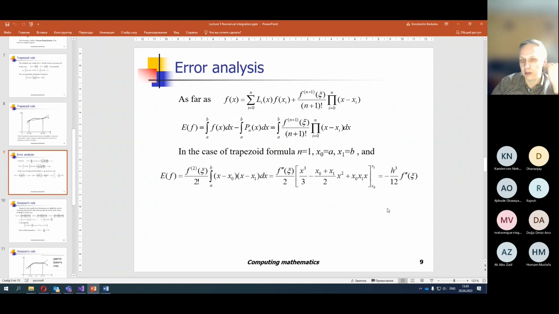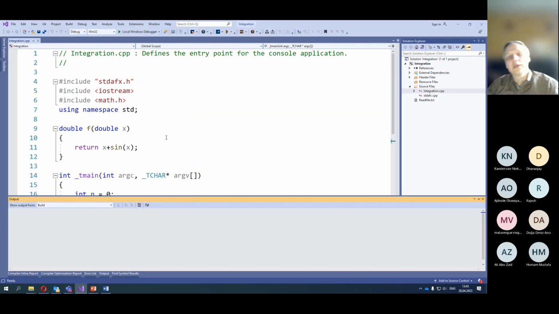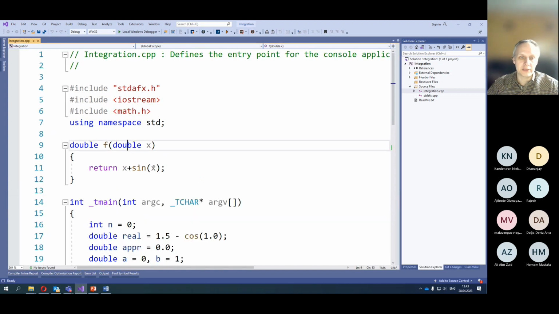Let's check it in a concrete example in Visual Studio. Suppose that we want to find the integral of a function x plus sine x.